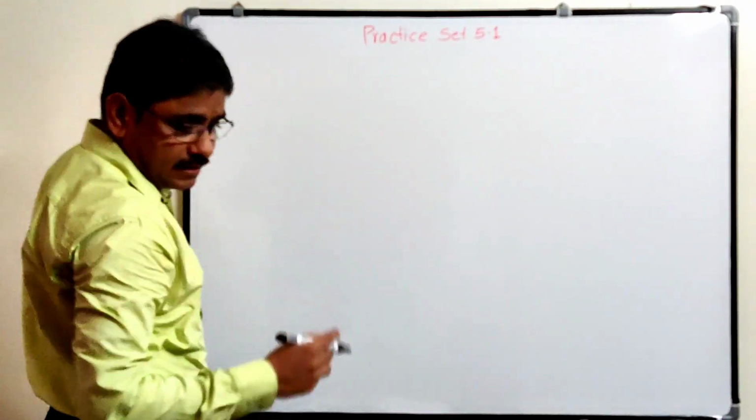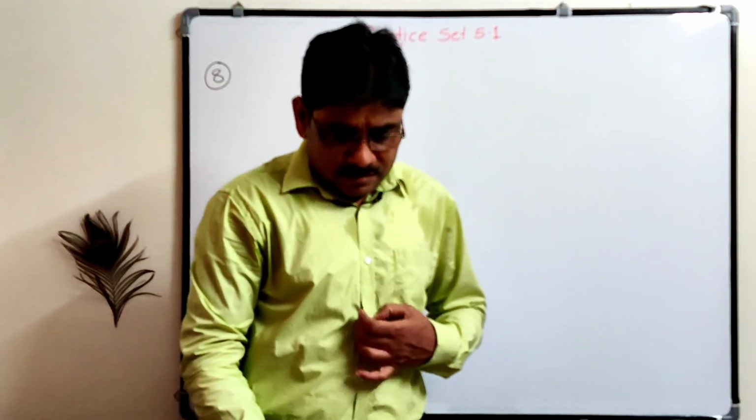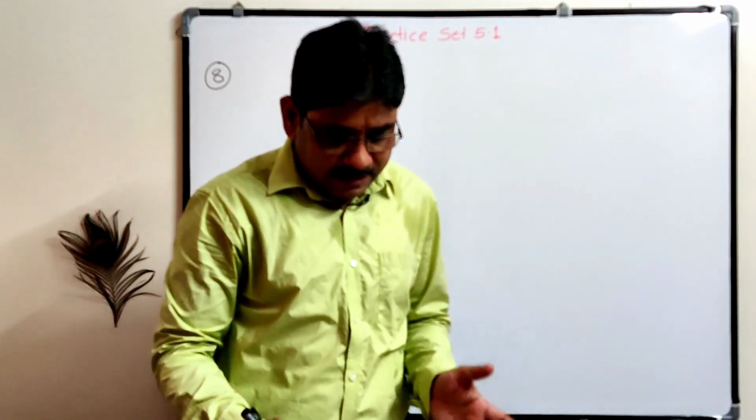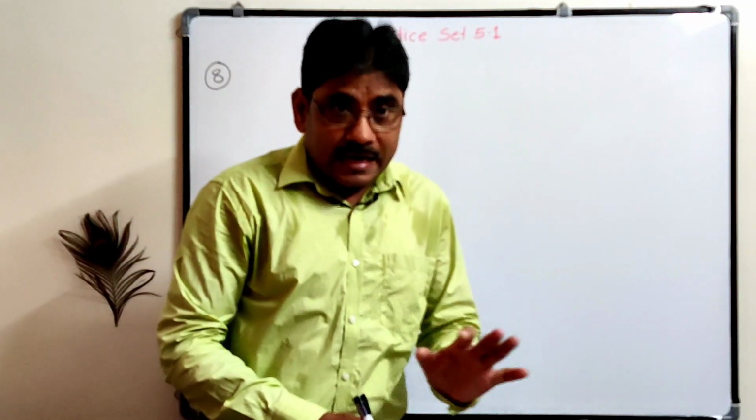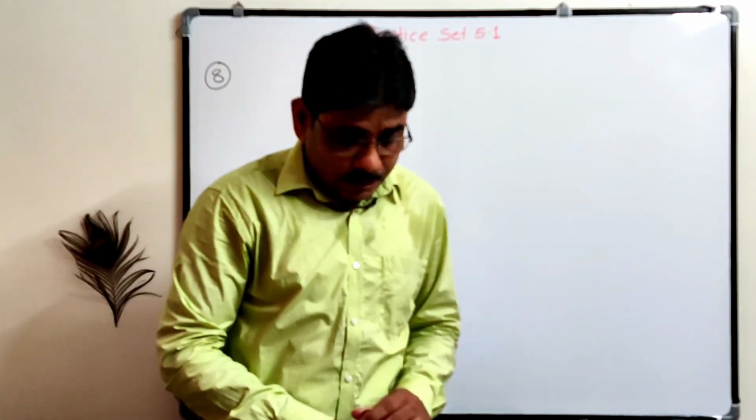Now in 8th sum it is so easy, but that root is given, that's why I am solving it. Show that these are the vertices of an equilateral triangle.